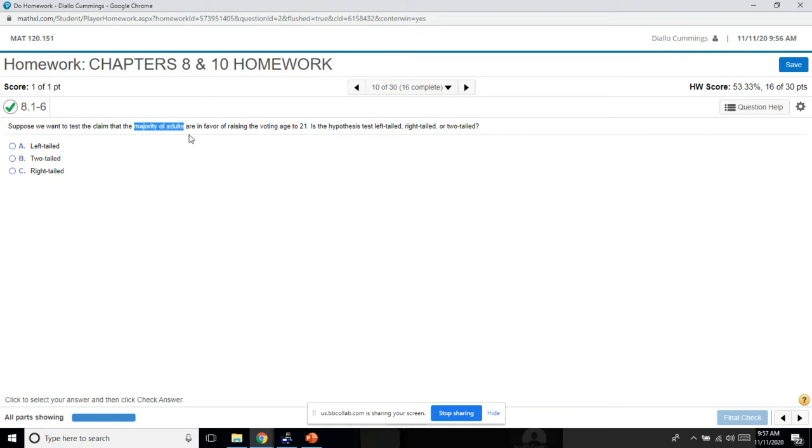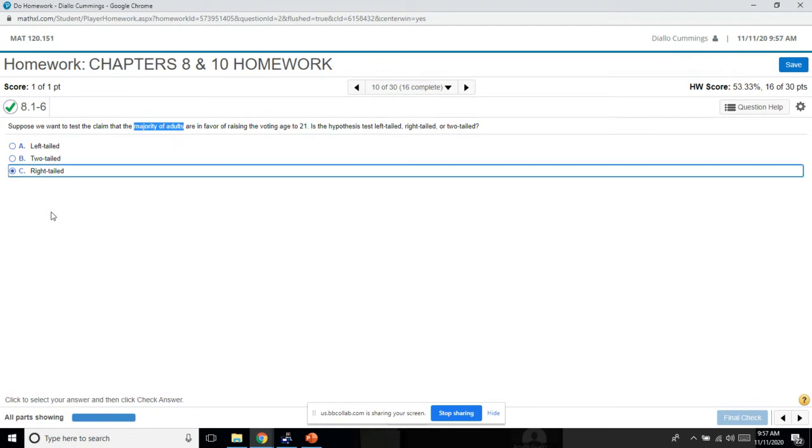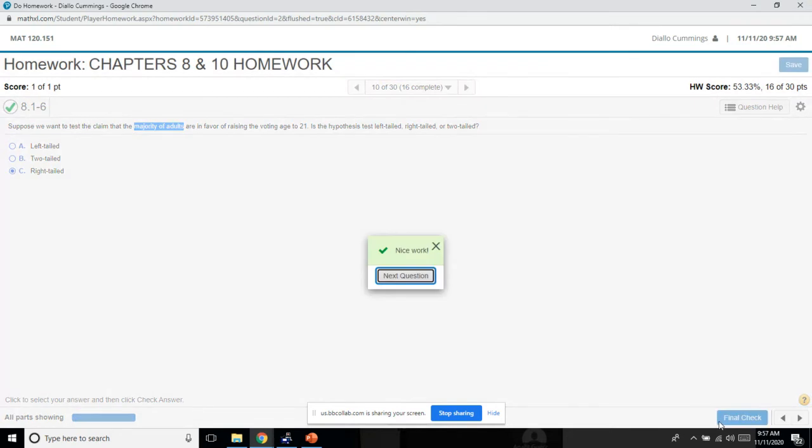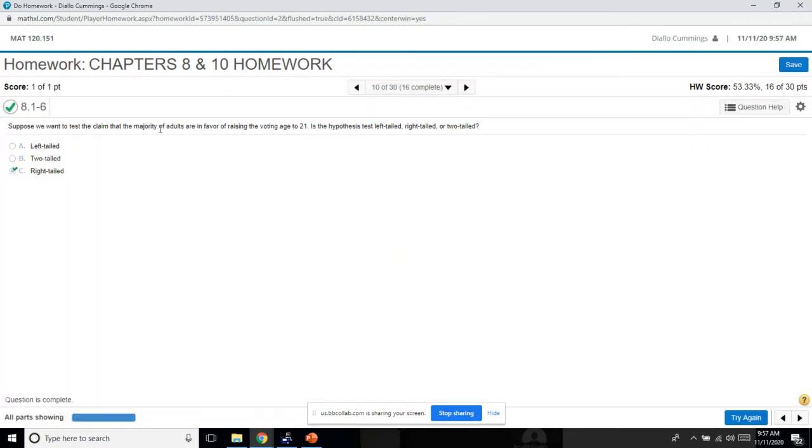If we're talking about the majority of adults, we're talking about the larger part of adults, or a right-tail test. So for problem number 10, as we set up that test, the majority of results would fall in the right-hand region, so we're looking at a right-tail test.